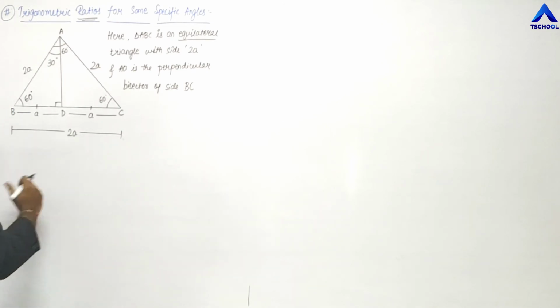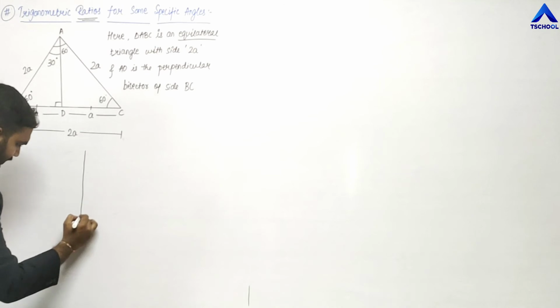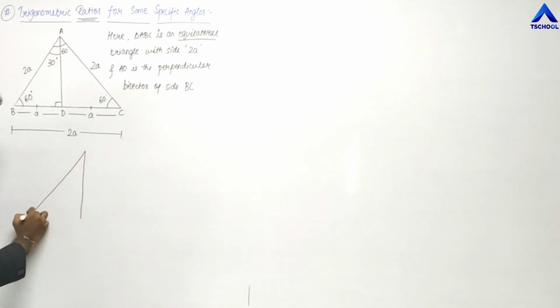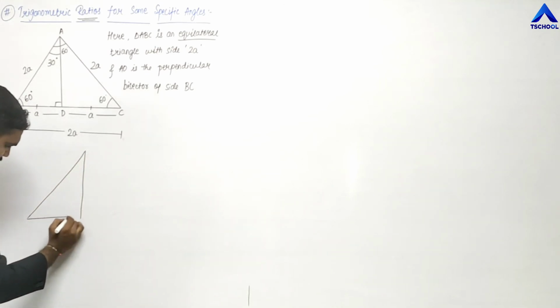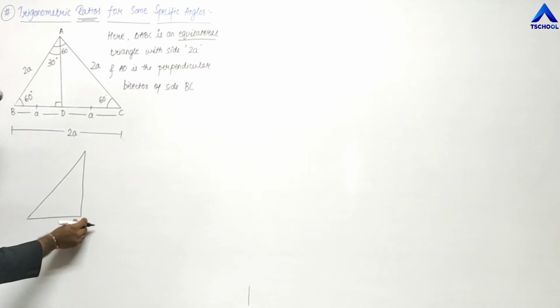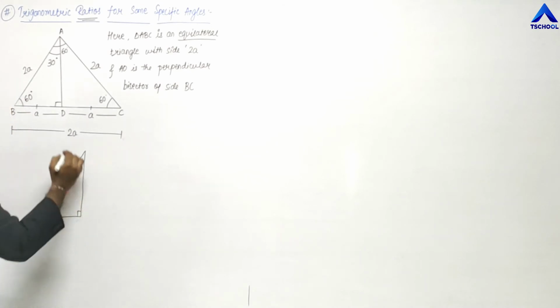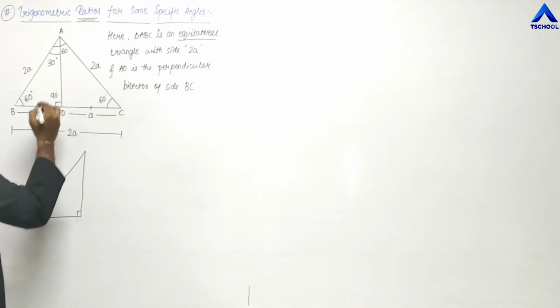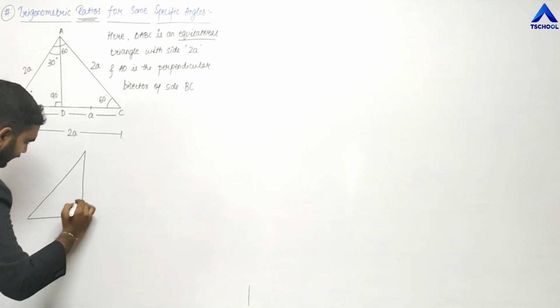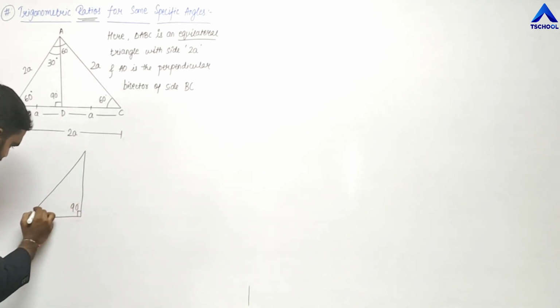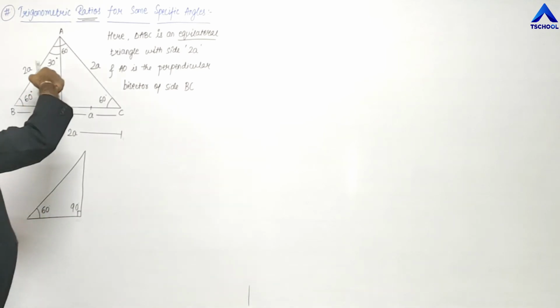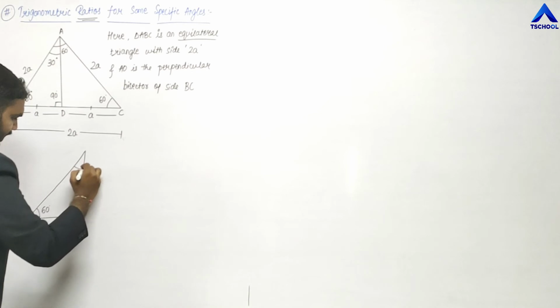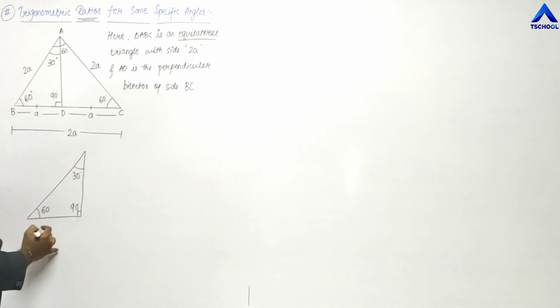Sorry friends, let me draw it perfectly so that you can come to know what actually happens. So this is 90 as we see here. This is my angle 90. This is my angle 60, this one, and this 30. This is my angle 30.